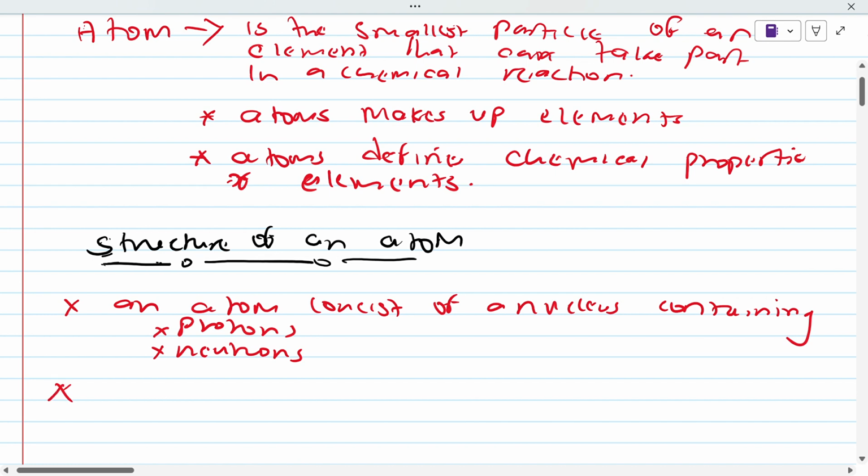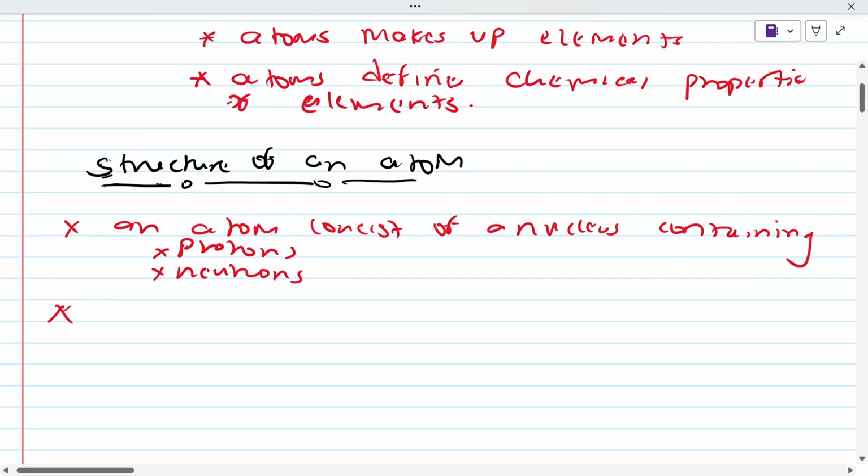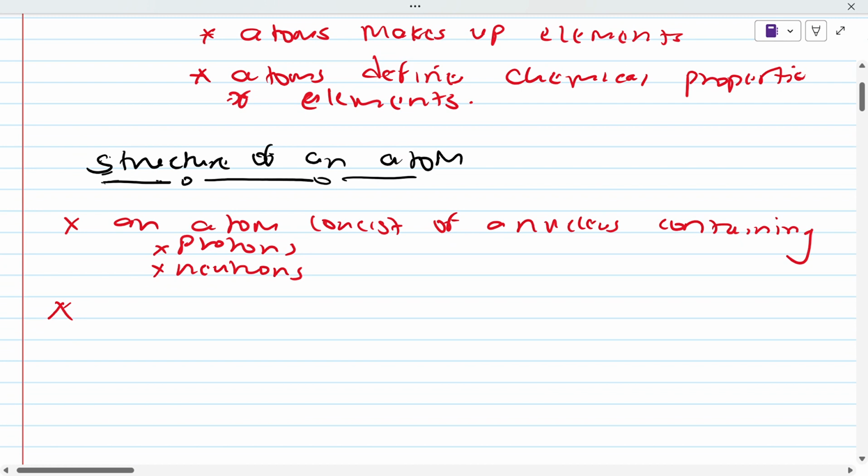The next thing we need to know as far as structure of an atom is concerned, an atom has shells which contain electrons.